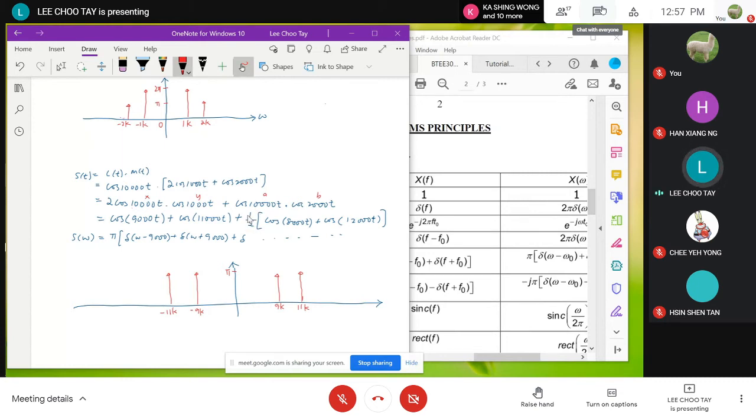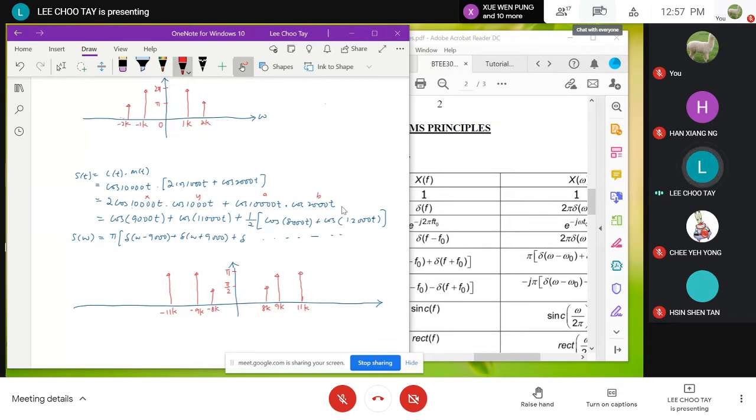At 8K you see that the amplitude is half. Because it's half in the time domain, converted to omega it will be π over 2. So that will be 8K and minus 8K.